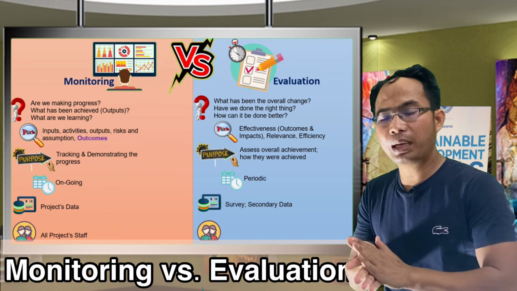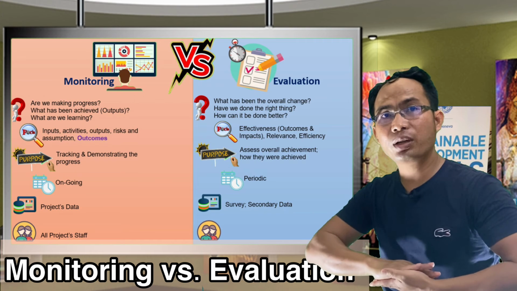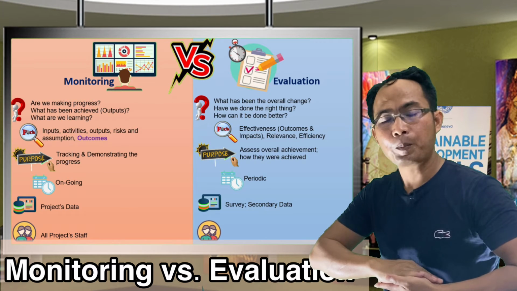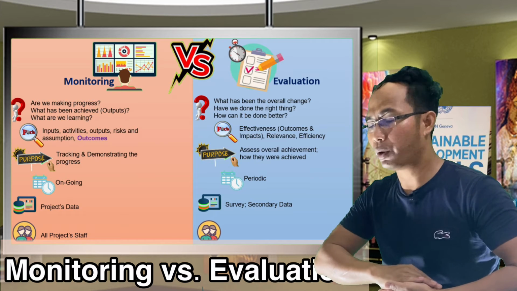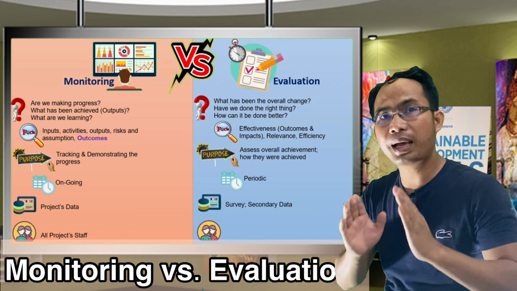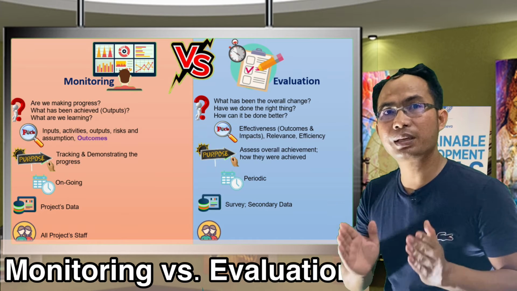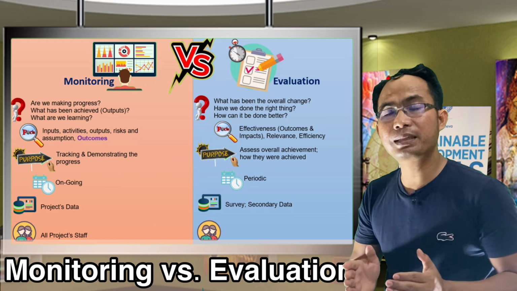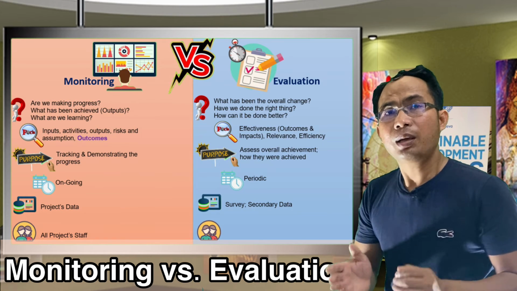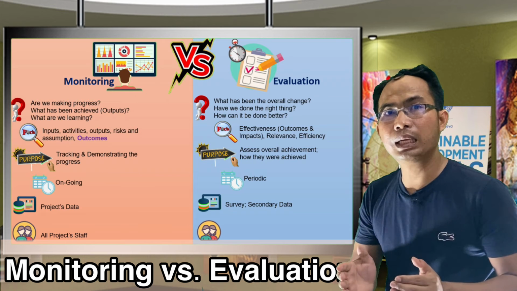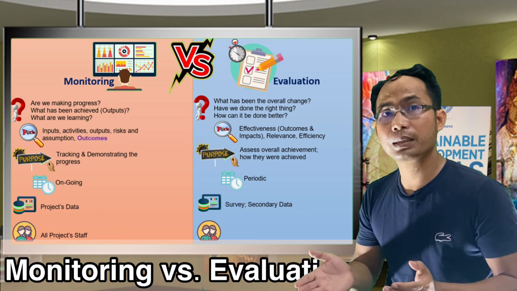So this is not, again, some people get confused here. They confuse that monitoring is for monitoring and evaluation staff. No, that is a misunderstanding. So project monitoring is for everyone, especially for the project manager, program manager. Why? Because you need to know clearly how your activity has progressed.